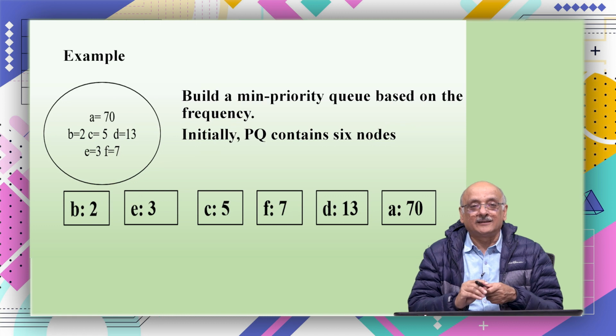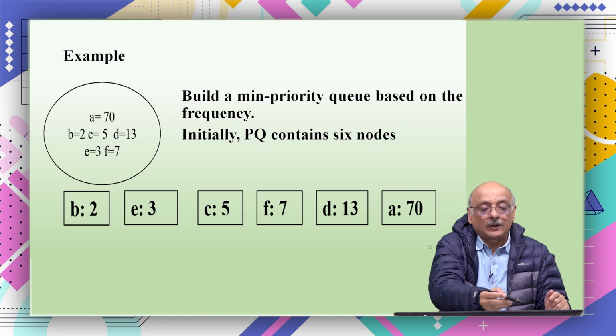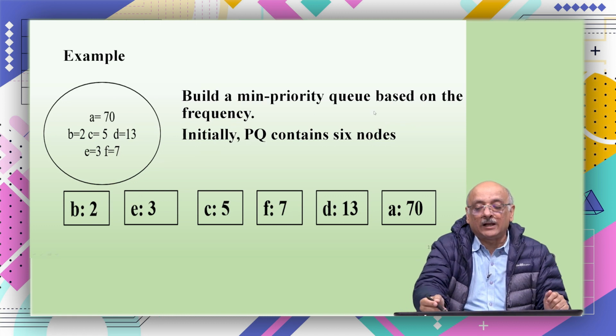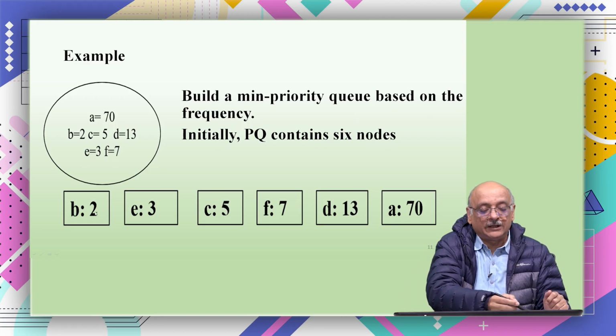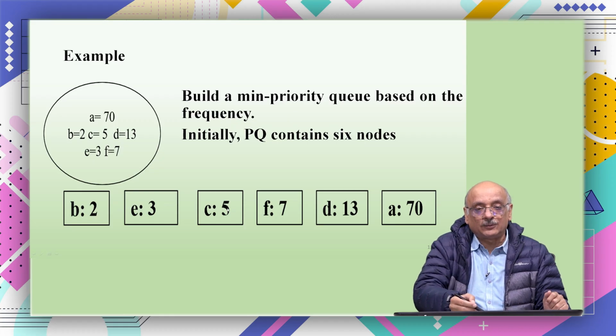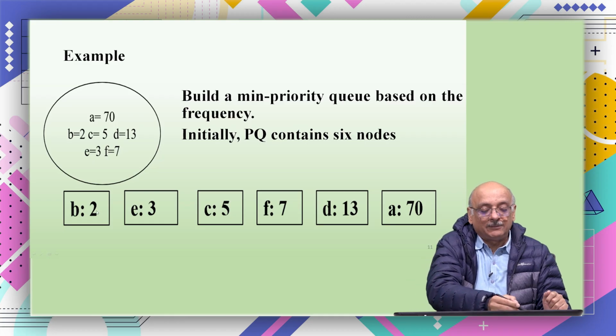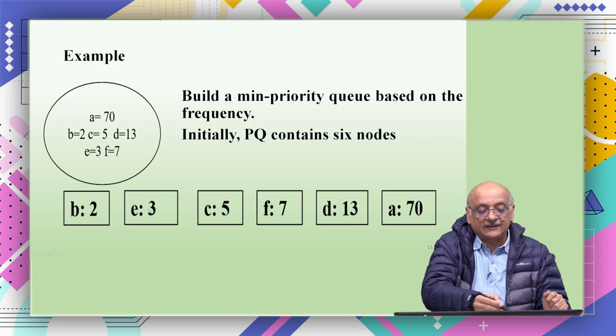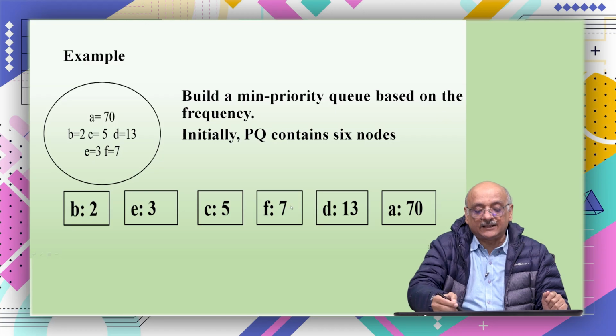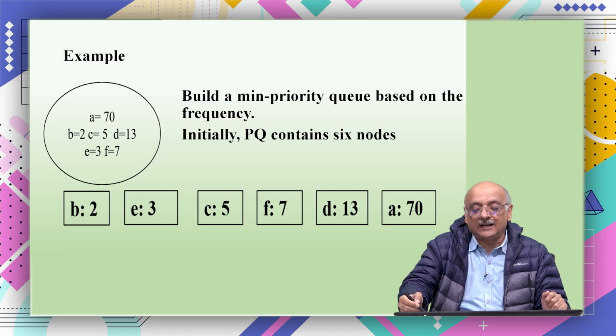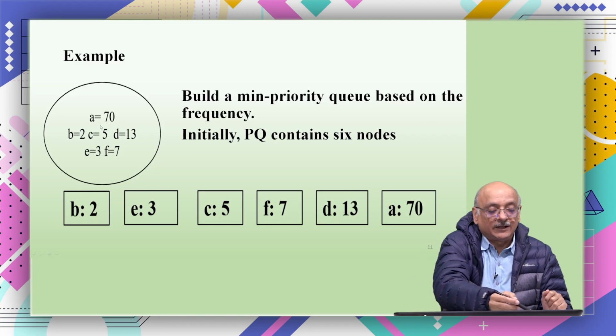Let us do it with the help of an example. Build a min priority queue based on the frequency. This is the min priority queue where B is 2, E is 3, C is 5. You can see we have a priority queue where the minimum is B, next is E, next is C, next is F, next is D, and A has the highest frequency, 70.